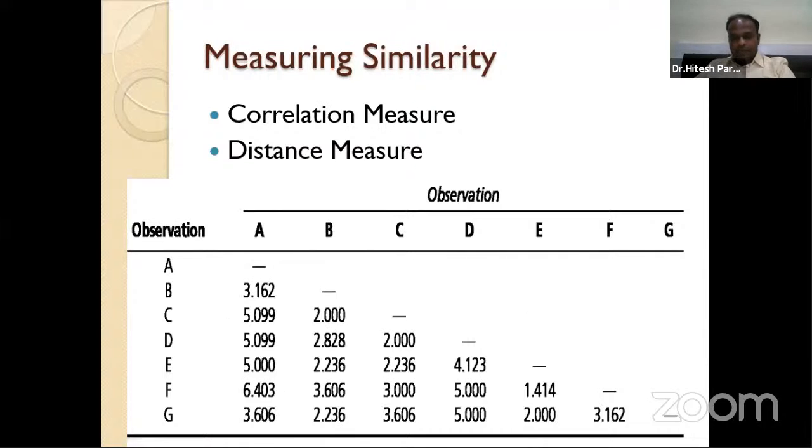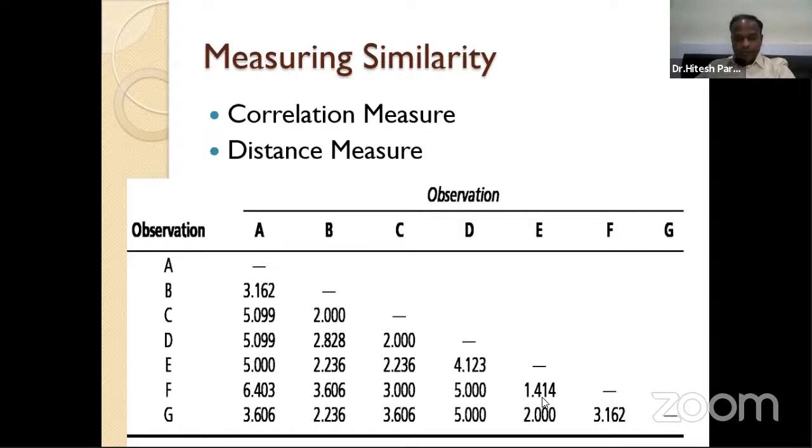The minimum value I can observe is 1.14, and it is for E and F. So you can say that respondents E and F are very near to each other.